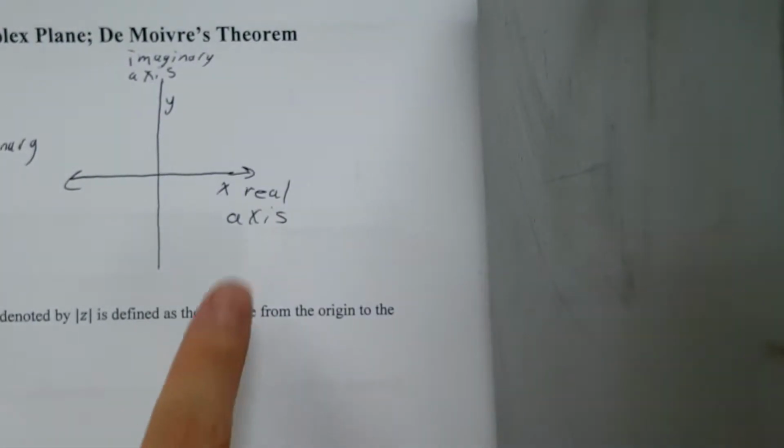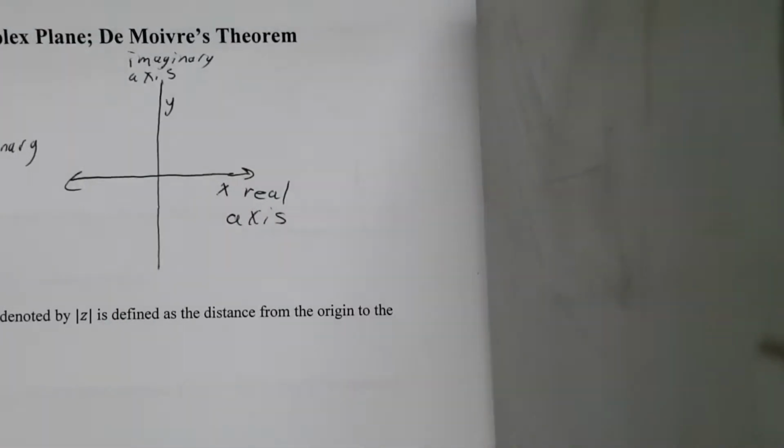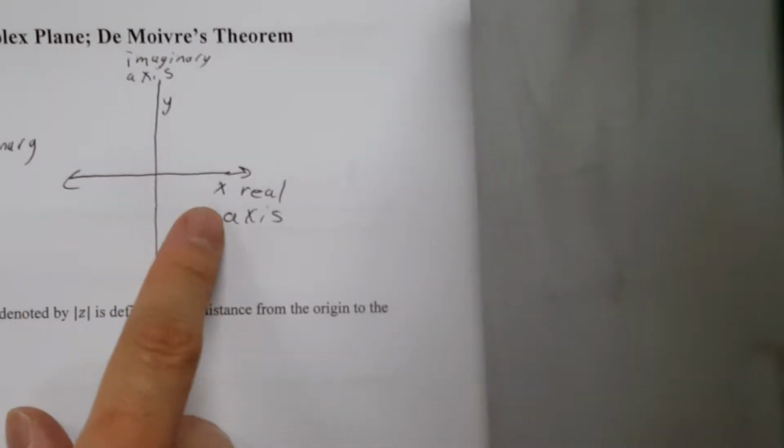Okay. That's not supposed to say x real axis. This is the x-axis, which we designate the real axis. It's not something called x real or something like that. Okay? This is the real axis. That's the imaginary axis. They just correspond to x and y.